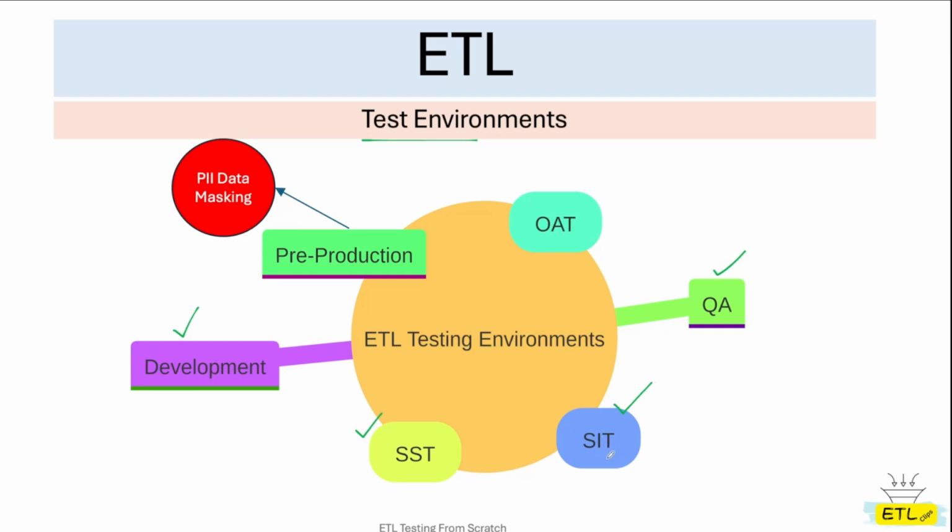SIT is nothing but system integration testing environment. SST is system smoke testing environment. Okay, system smoke testing. This is system integration testing. Then you have pre-production environment, which is mimicking the production environment.